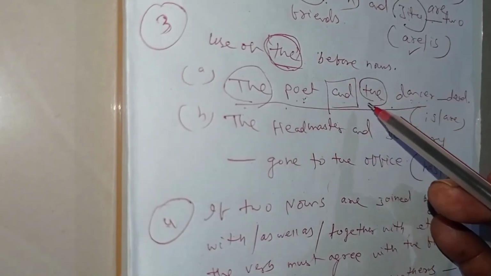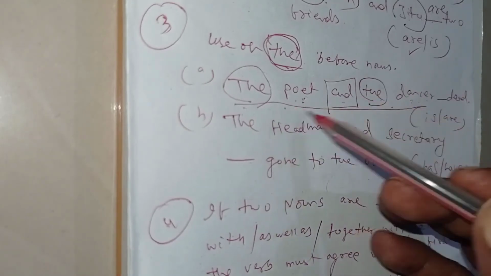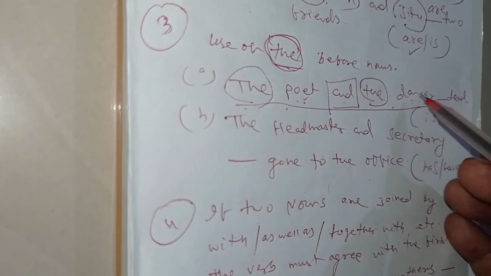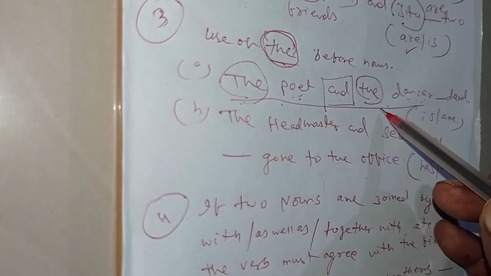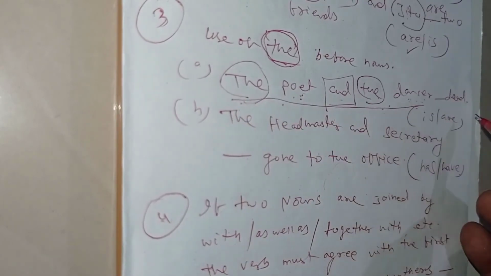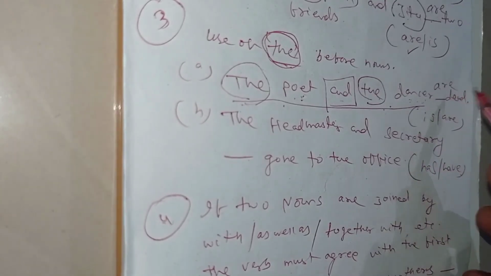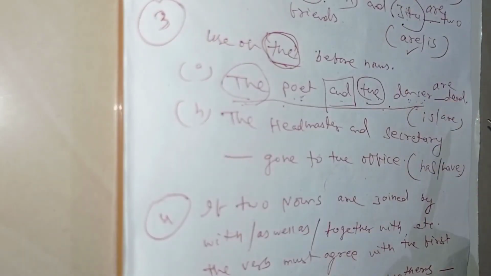So you should remember that they are two persons, not the same person. So the total subject part is regarded as plural, and hence are is correct here. You have to use are. The poet and the dancer are dead, because they are two separate persons.